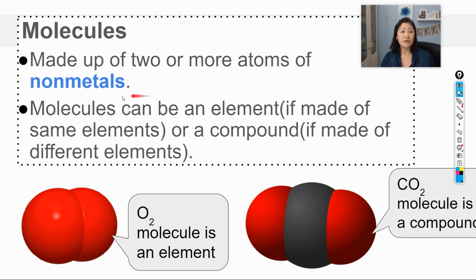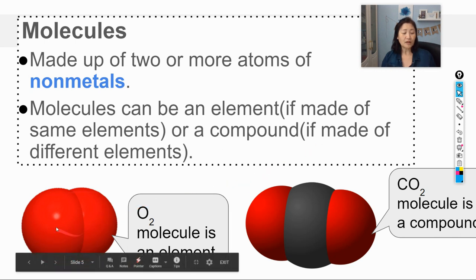So if the atoms making the group are metals, it's not considered to be a molecule. Molecules can be an element in case they're made up of only one type of atom, or they can be a compound when they're made up of different kinds of elements.